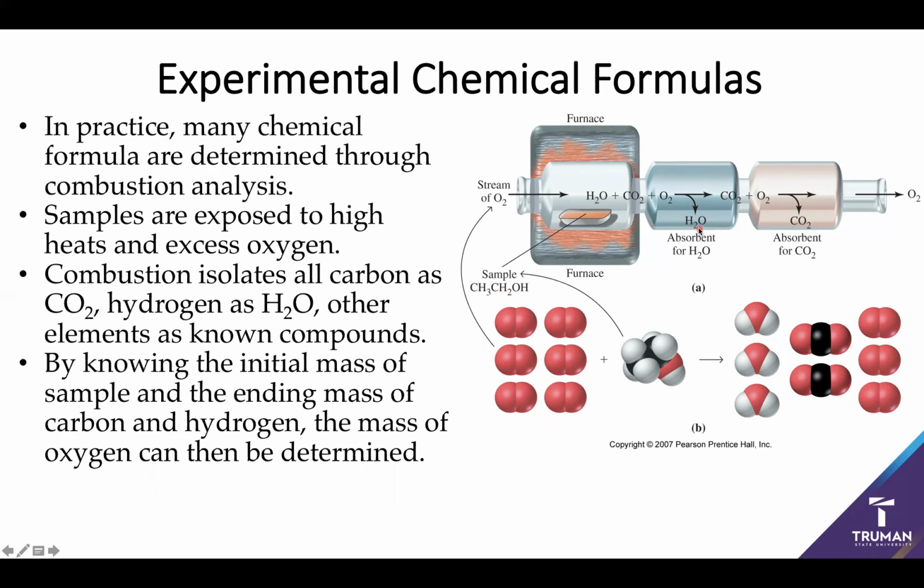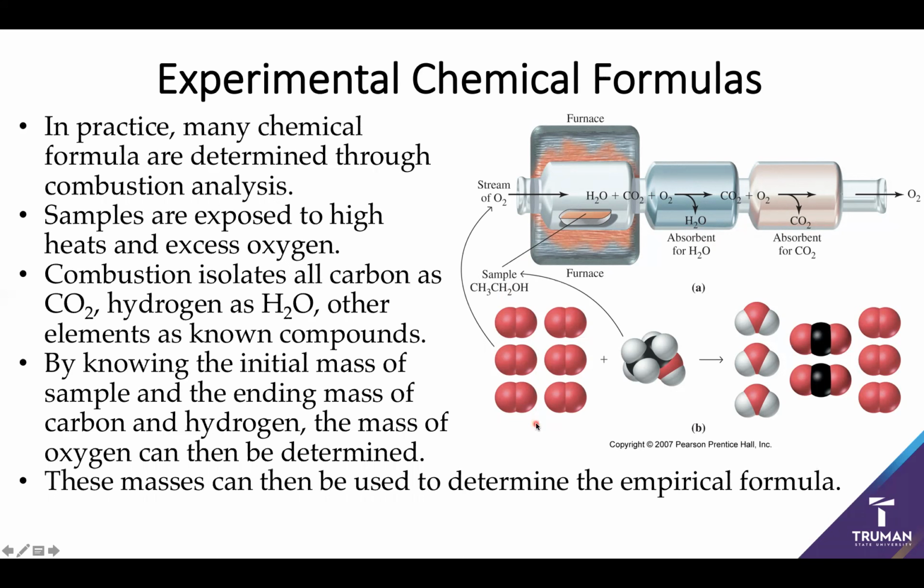Any deviation in between the mass of hydrogen, carbon, and the total mass should be the oxygen that came in with the molecule. And you can then use this to determine the empirical formulas, just like we described.